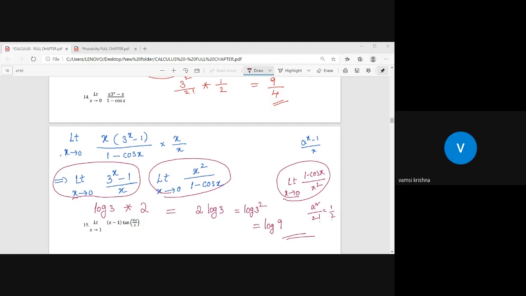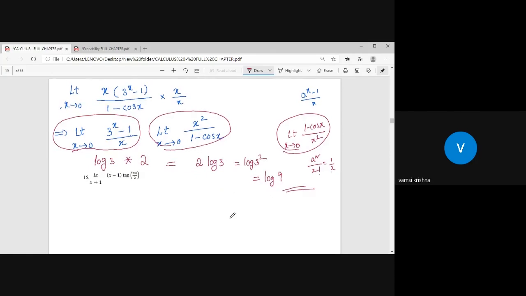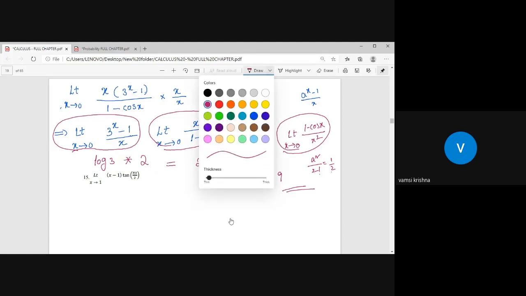Okay, students. In the next model question, I can discuss the next model questions later. But you can take this question and try yourself also. Here you observe this question, limit x tends to 1.